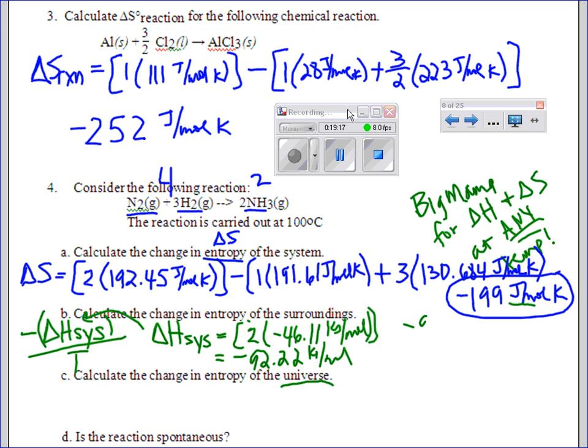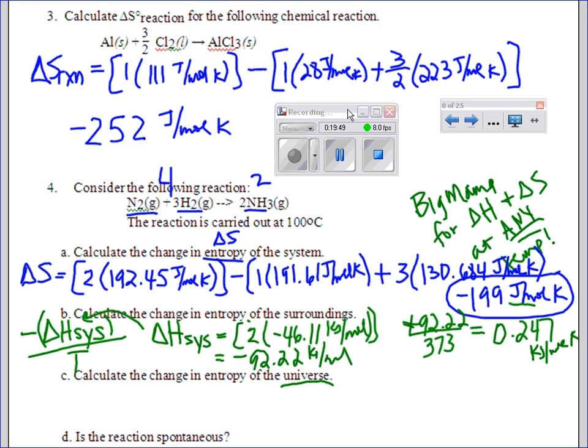So I'm going to take negative 92.22 divided by 373. Oh, well, I wasn't going to do the sign part yet, but sure. We'll make it negative divided by 373. So that gives us 0.247, and this is kilojoules per mole Kelvin.